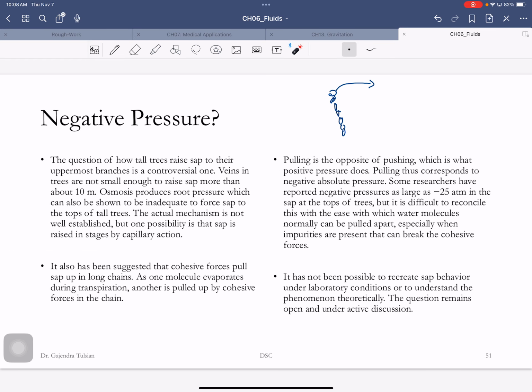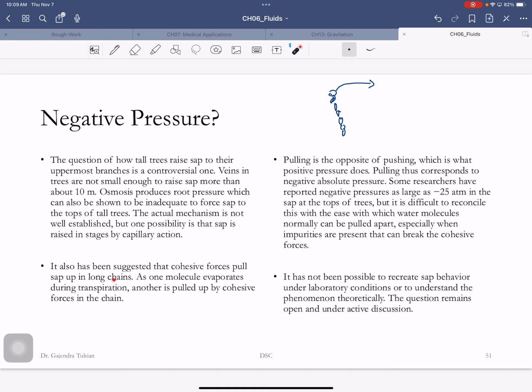Osmosis produces root pressure. We'll learn about this next chapter. Root pressure can also be shown to be inadequate to force sap. So there's an osmotic pressure that'll raise it up a little higher, but that doesn't explain how water gets to the top of tall trees. It has been suggested that cohesive forces pull sap along in a long chain.